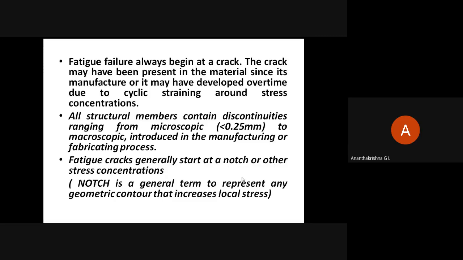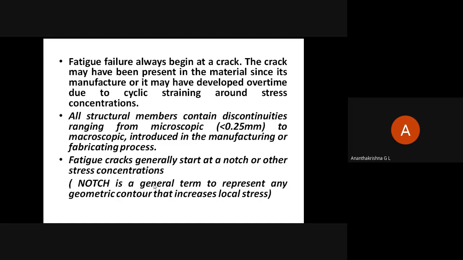So what is the definition of a notch? In general terms, it is used to represent any geometric contour which increases local stress. In general, the term notch is used even for a hole, groove, stepped shaft, and all those things. It's a generic term to represent a geometric contour that will have high localized stress.